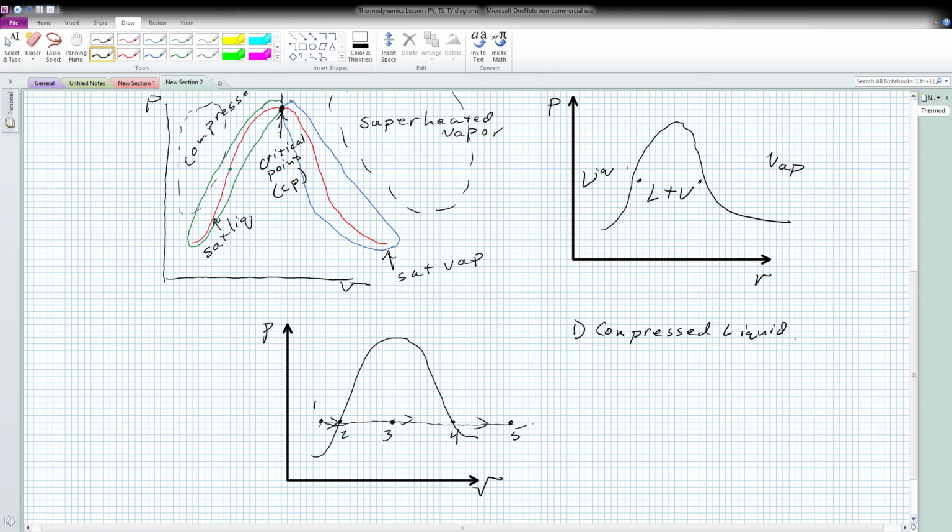Now, different textbooks might call it something else, but the way I learned it is compressed liquid. Here you are completely liquid, and you have to pump in a substantial amount of energy to even come close to starting to boil. Again, an example would be water at room temperature. State 2, saturated liquid.